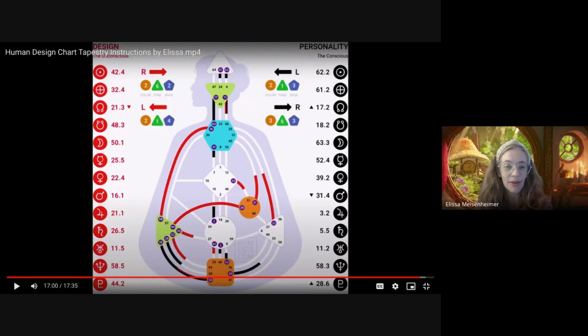I hope this exercise has been informative and empowering for you to be able to take what looks like a gobbledygook chart from any one of these human design chart websites that will generate your chart for free, and empower you to learn more about yourself on your own journey, either after you've had a human design reading from someone or before you are ready to do your next one.